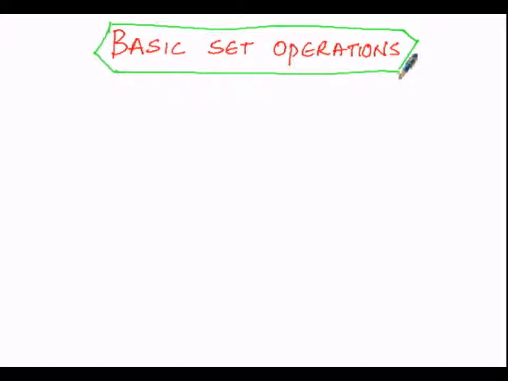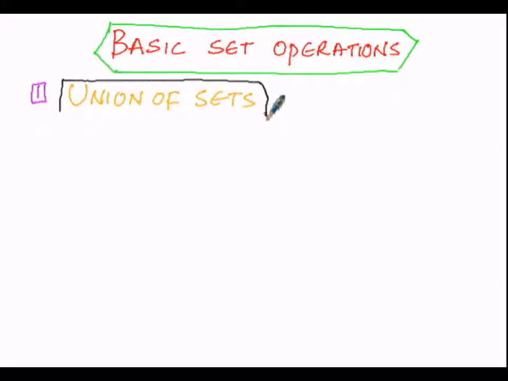So first of all, let us know about union, the first operation upon sets, that is union of sets. In this union of sets, first of all we will assume two sets, say A and B. Then the union of those two sets A and B will give rise to another set which consists of all the elements present in either set A or set B or in both.